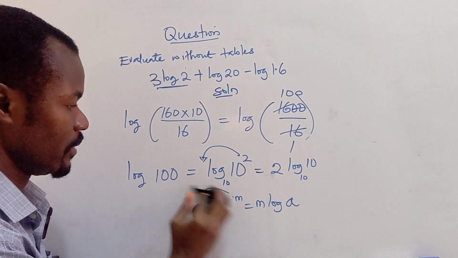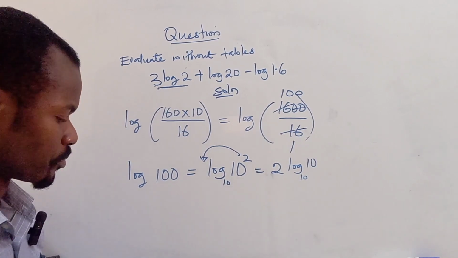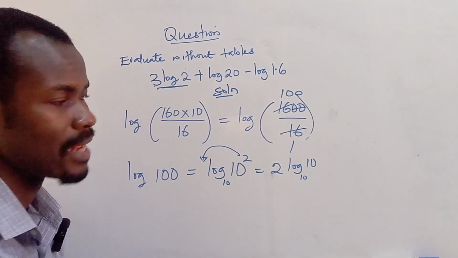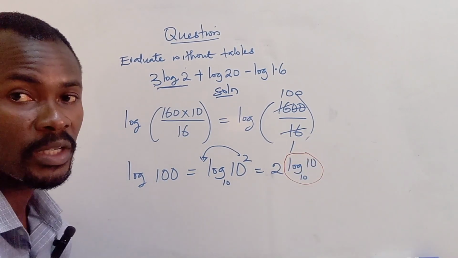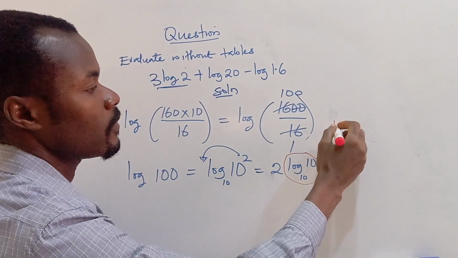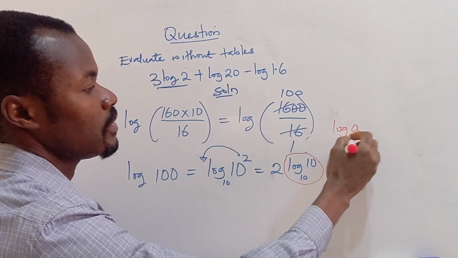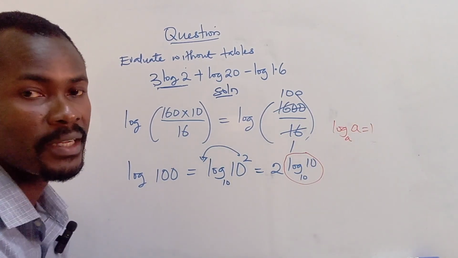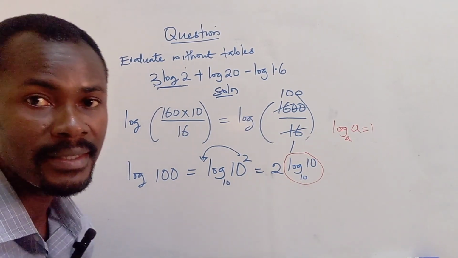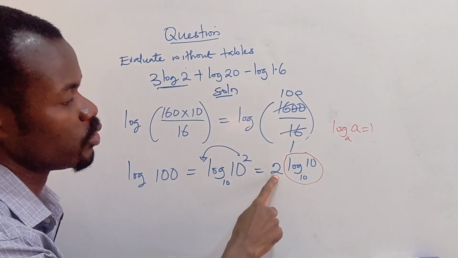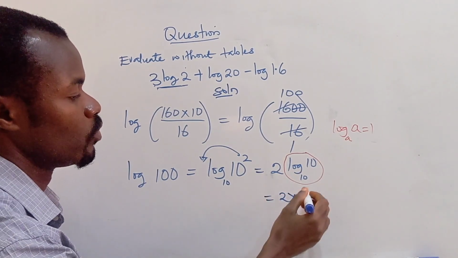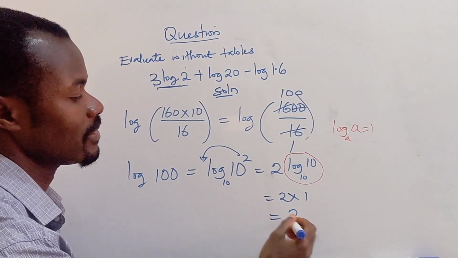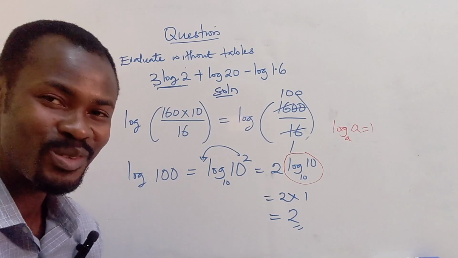Now we can recognize when you have same number, same base like this, if I have log a base a, it means 1. So we are going to apply it here. It means 2 times 1. So the final answer to this problem is 2.